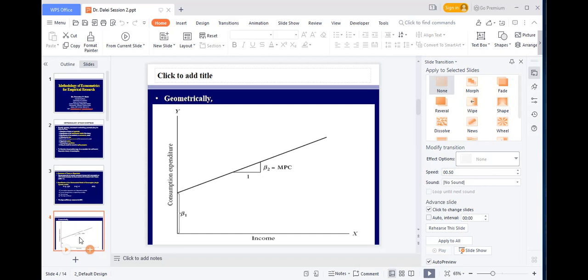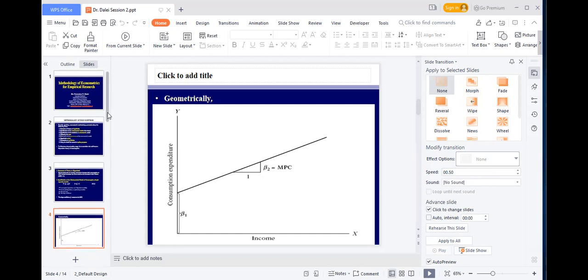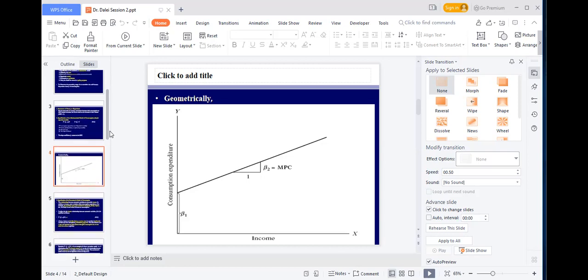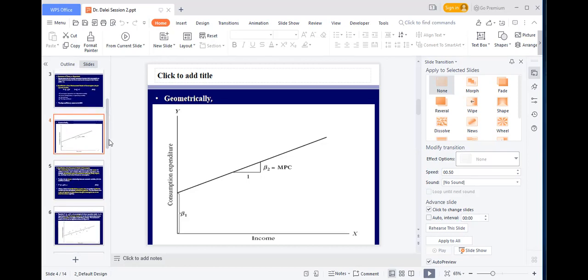If you consider y as consumption expenditure, that will be delta y upon delta x, where x is the income. When income changes by 1 unit, consumption will always increase, not decline, by beta 2 units. So that is your MPC.